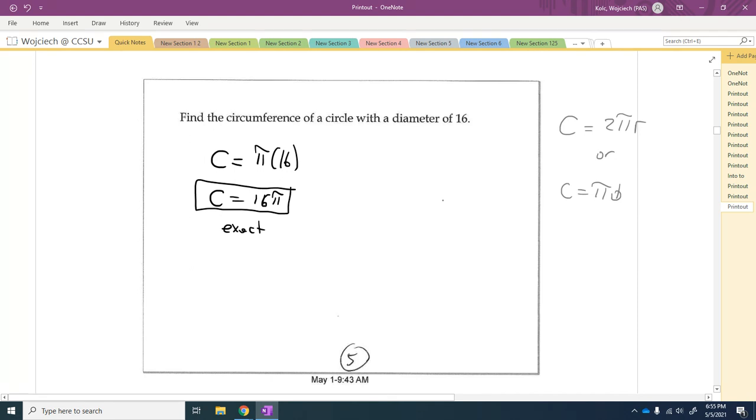If you want approximation, you will multiply 16 times pi on your calculator, or 3.14 if you have a cell phone or cheaper version, and 16 times 3.14 will give you C equals 50.24 units. This is called an approximation.